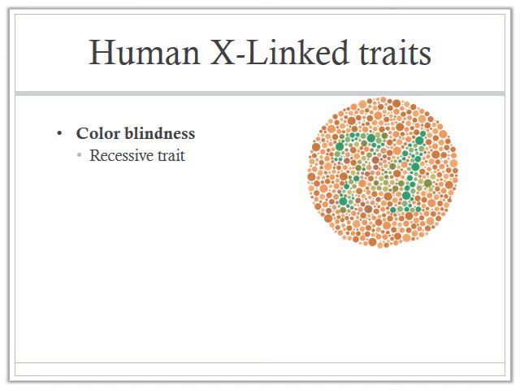Color blindness is a recessive trait found on the X chromosome. And what you see to the right here, in this cluster of dots, there are different colors, and if you see the number 74 written here, then you're not colorblind between these two colors.